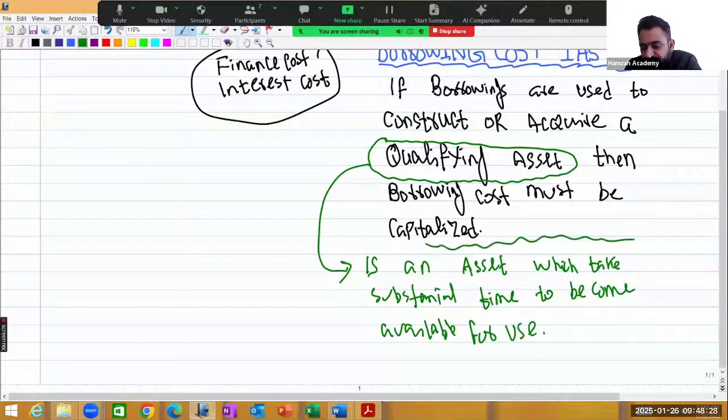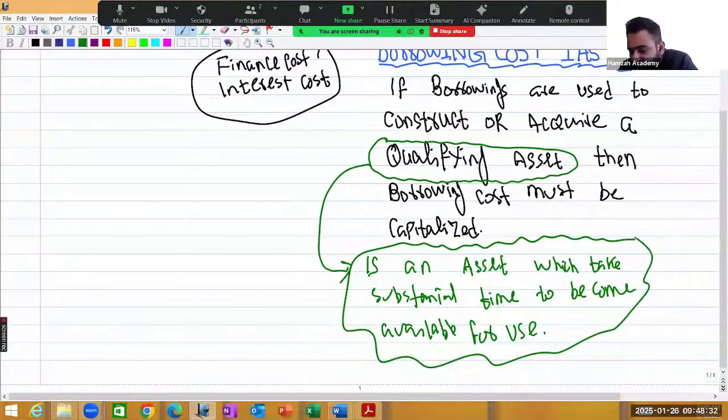The asset which takes substantial time to become available for use, that asset is known as a qualifying asset, like building, plant and machinery, aircraft, fighter jets, ships. These are all qualifying assets.